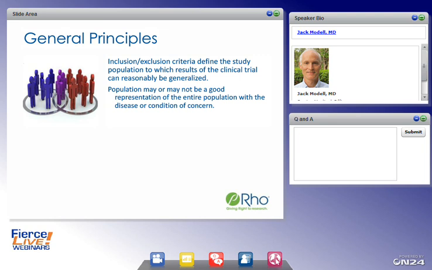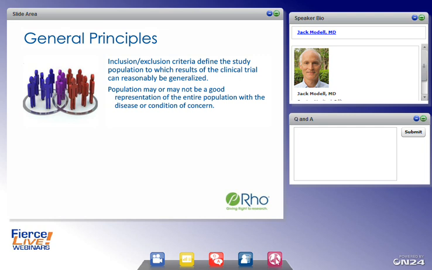And depending on the phase of the trial and how you select your subjects, your study population may or may not be a good representation of the entire population with the disease or condition of concern. And that's fine as long as you keep in mind that you really want to pick the population so you can make the proper generalizations.